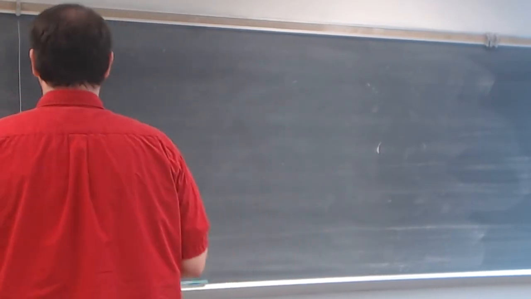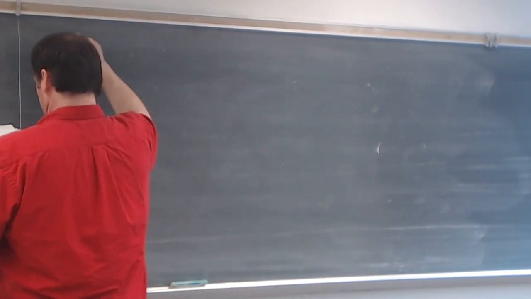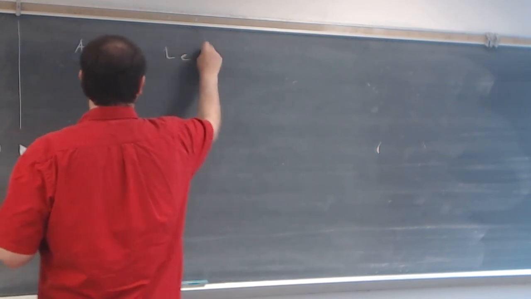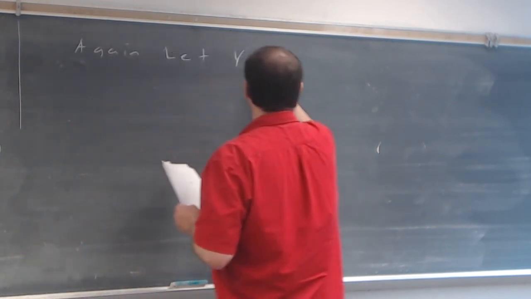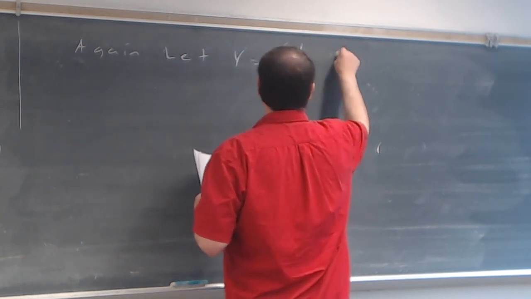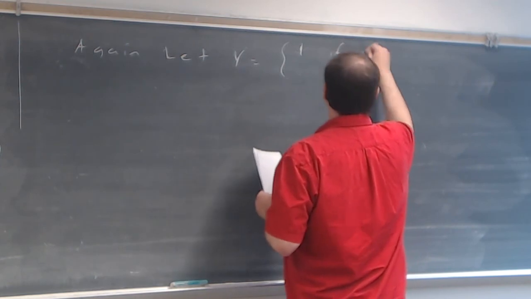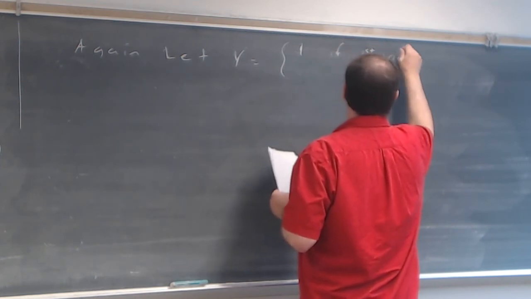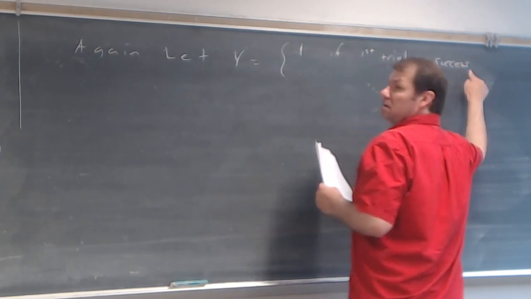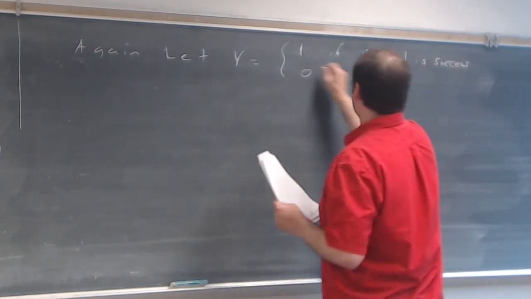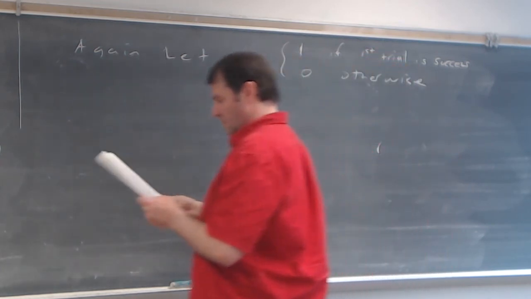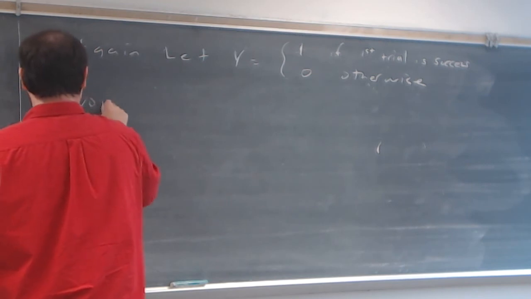And so what we're going to condition against is, again, we're going to let y be defined as a random variable to be 1 if the first trial is a success, and 0 otherwise, the first trial's a failure.